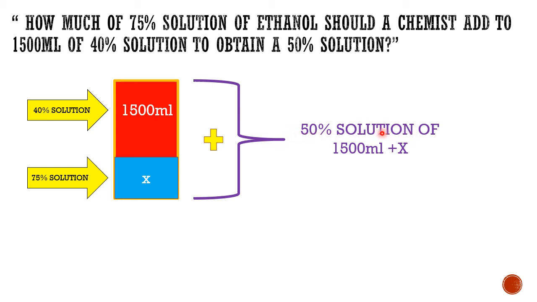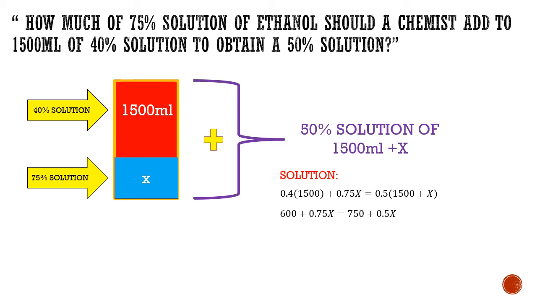So, if going to have an algebra here, nilet natin yung 40% solution to 0.4 times natin sa 1,500, plus yung 75%, so 0.75 times x is equal to 0.5, then yung combination nitong dalawa, so 1,500 plus yung x.